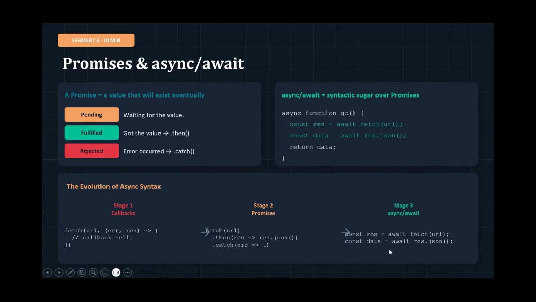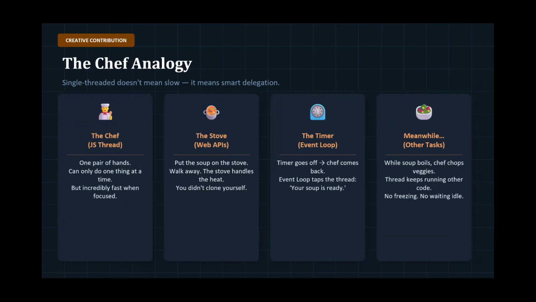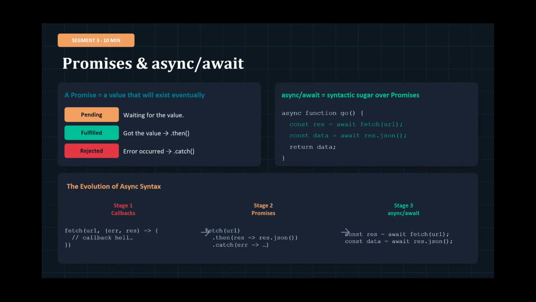And async/await is just syntactic sugar over promises, where you put async before a function and inside it you can write await before any promise.